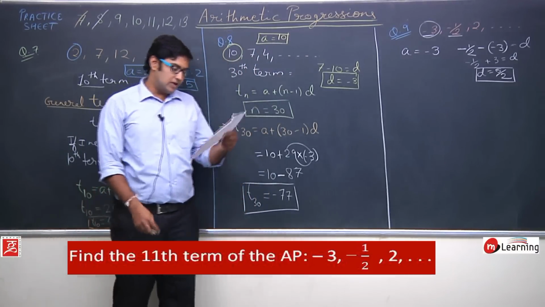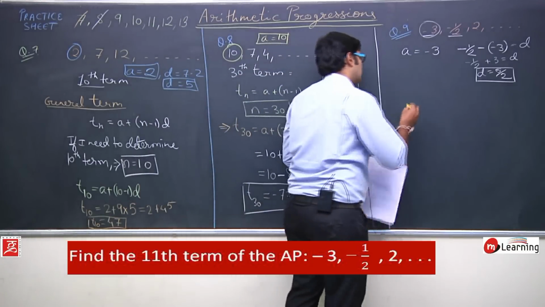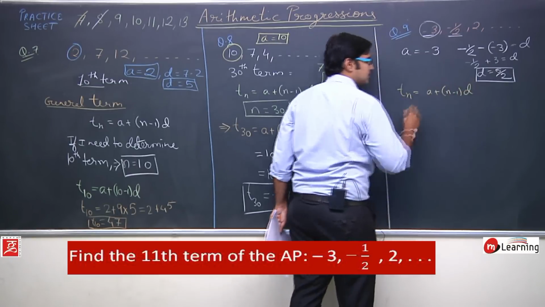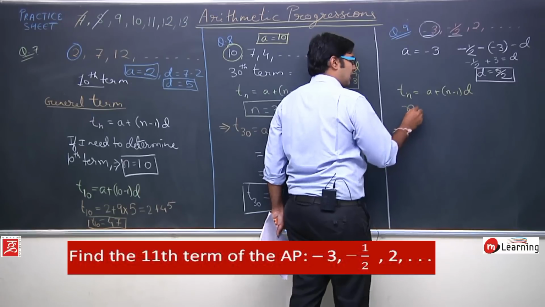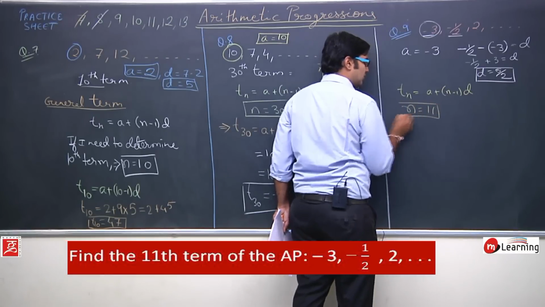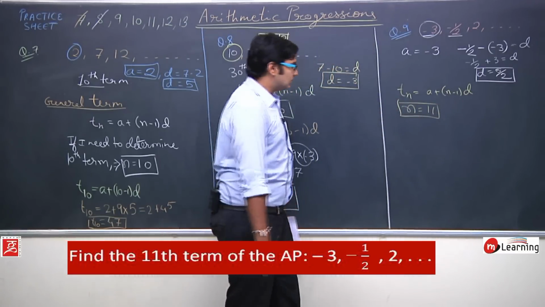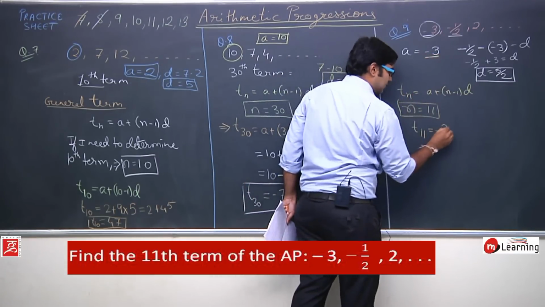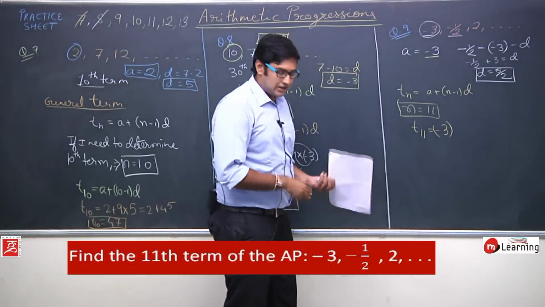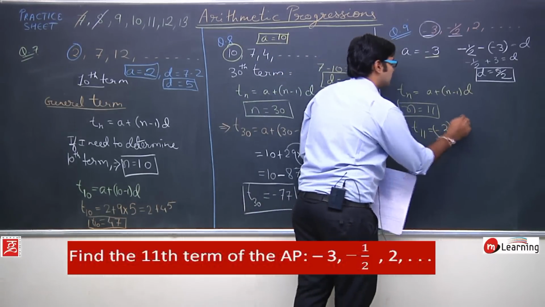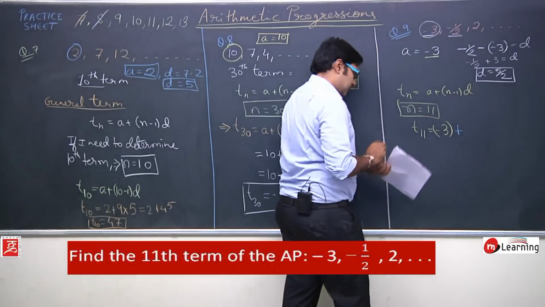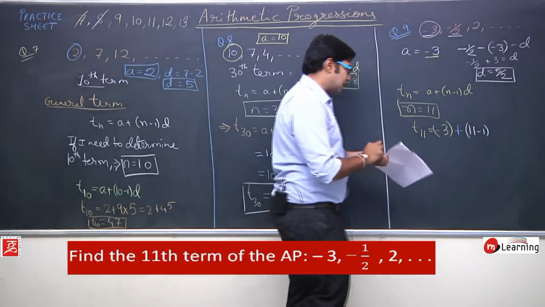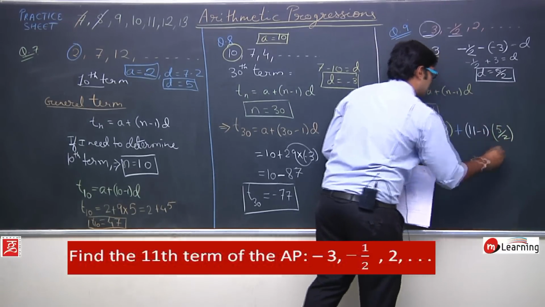Now we need to determine the 11th term. So Tn is a plus (n minus 1)d. This is the value of the nth term, and to determine the 11th term we will substitute n is equal to 11. It means T11 is equal to a, where a is minus 3, plus (11 minus 1) into d, and d is 5 by 2.